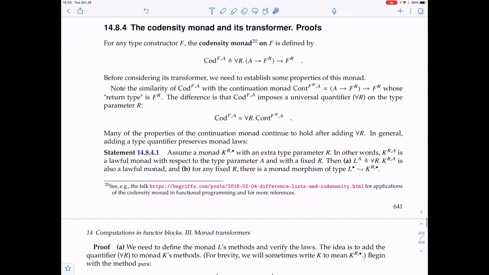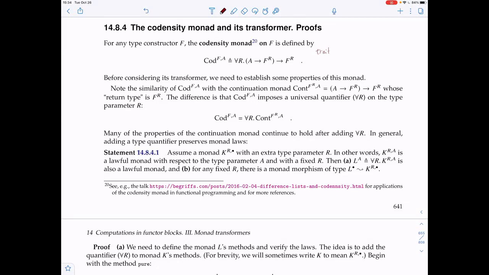Finally, a few words about the codensity monad. This is a monad defined like this with a quantified type. Now, the quantified type is a kind of difficult thing to describe. In Scala, this means you have a trait. In Scala 2, in any case, you have to do this.